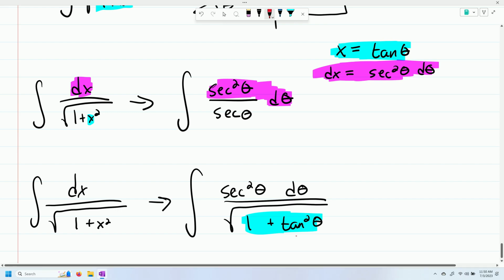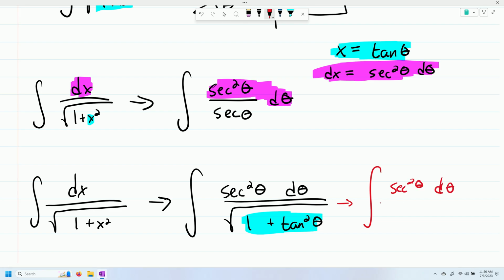All right? So it's secant squared theta d theta all over the square root of secant squared theta. The square root of secant squared theta is just secant theta. So that is how I got all this directly above.